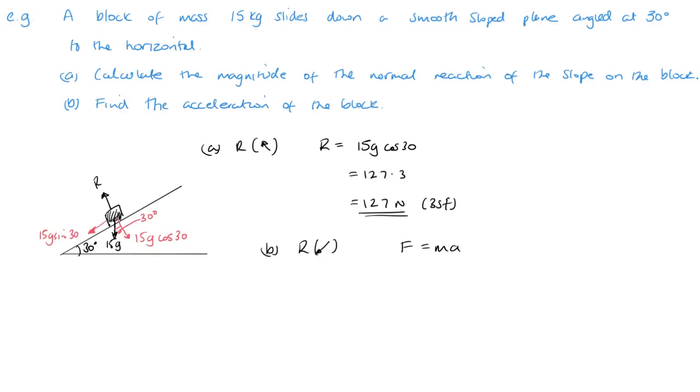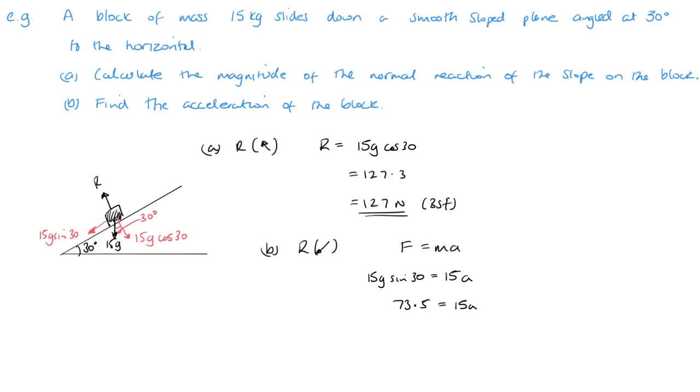There is only one force, it's 15g sin 30, equals 15a. So 15 times 9.8 times sin 30 gives me 73.5.